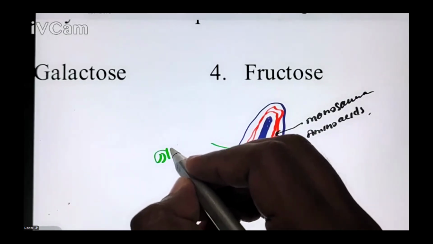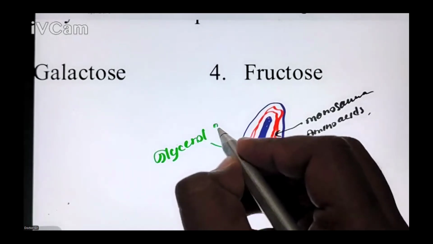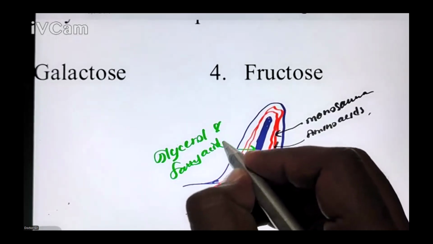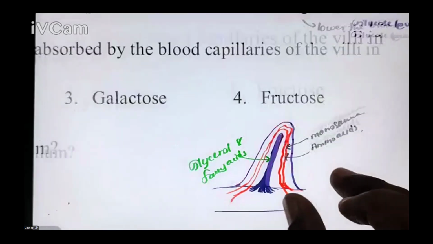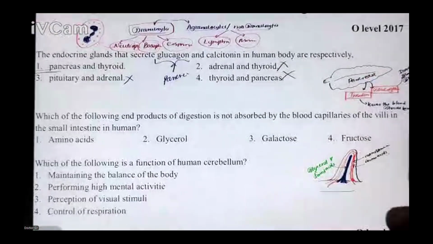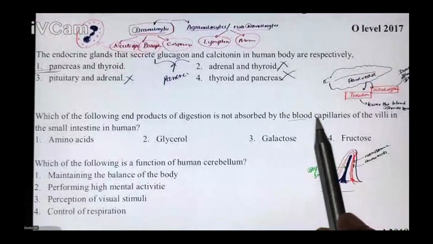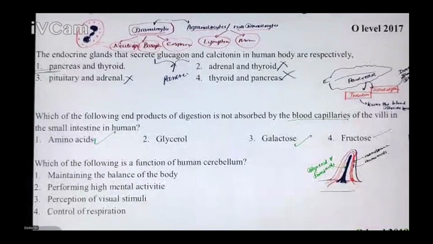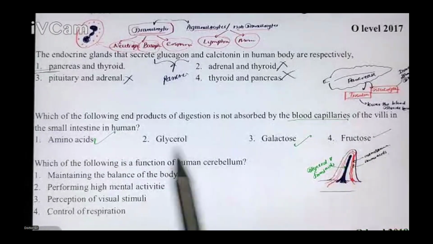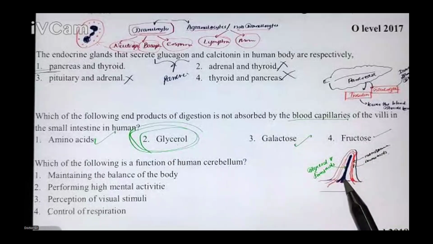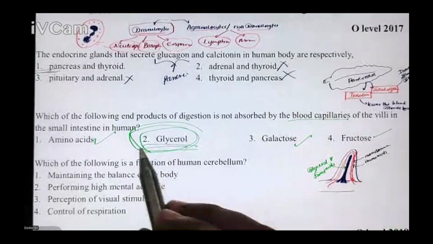Glycerol and fatty acids. So now we go to the answer. Blood capillaries do not absorb glycerol: amino acids, galactose, fructose, all those monosaccharides are absorbed, but glycerol cannot be absorbed because glycerol and fatty acids are absorbed into the central lacteal.